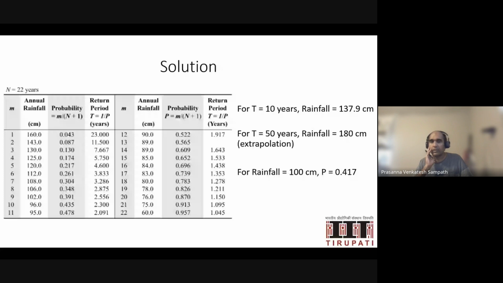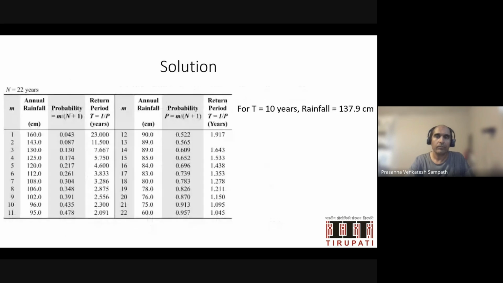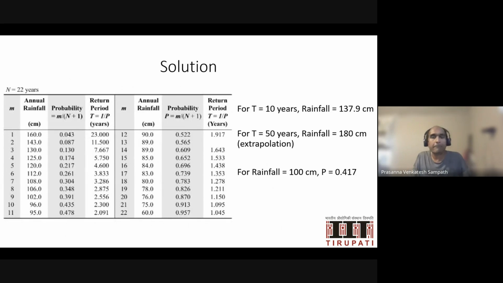What does it mean to say, what is the 75% dependable annual rainfall magnitude? What will you say? Anybody? 75% dependable means, what is the rainfall for a probability of 75%?